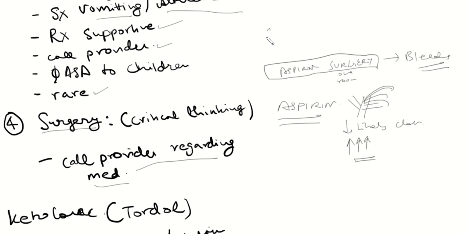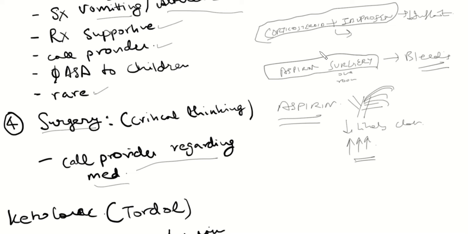Let's do some more critical thinking. I am giving somebody corticosteroid and I'm giving somebody ibuprofen. Okay? What will come out when I put the two of them in a room? Decrease inflammation. Yep, you would be absolutely right. What else? Corticosteroid, again, prevents the tissue from healing, so you get more peptic ulcers. Curling's ulcers. Remember Curling's ulcers?